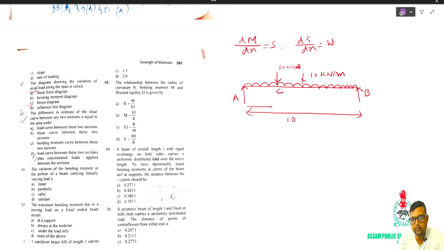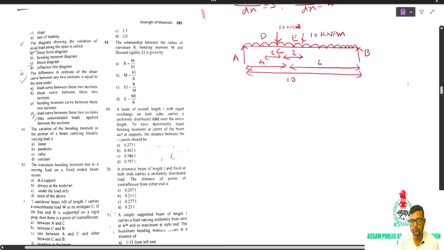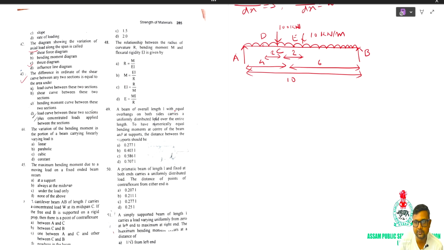This C is at 4 meter from A. Obviously this is 6 meter. And we take 2 points D and E. This D is at 2 meter from C, and this is also 2 meter from C. So we'll find the difference of shear force between D and E. Then we'll try to solve it. To calculate this, we have to first find the reactions, right?